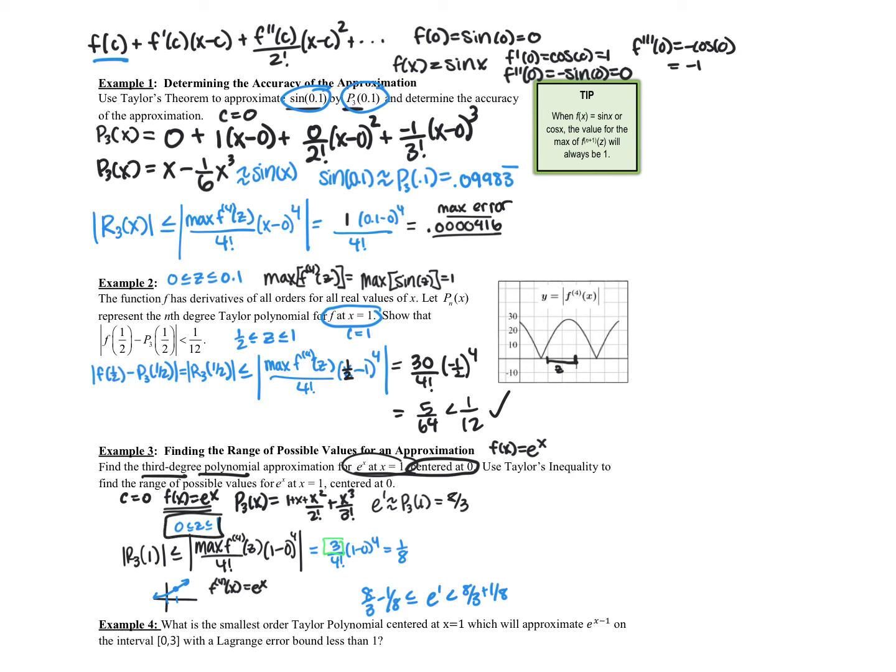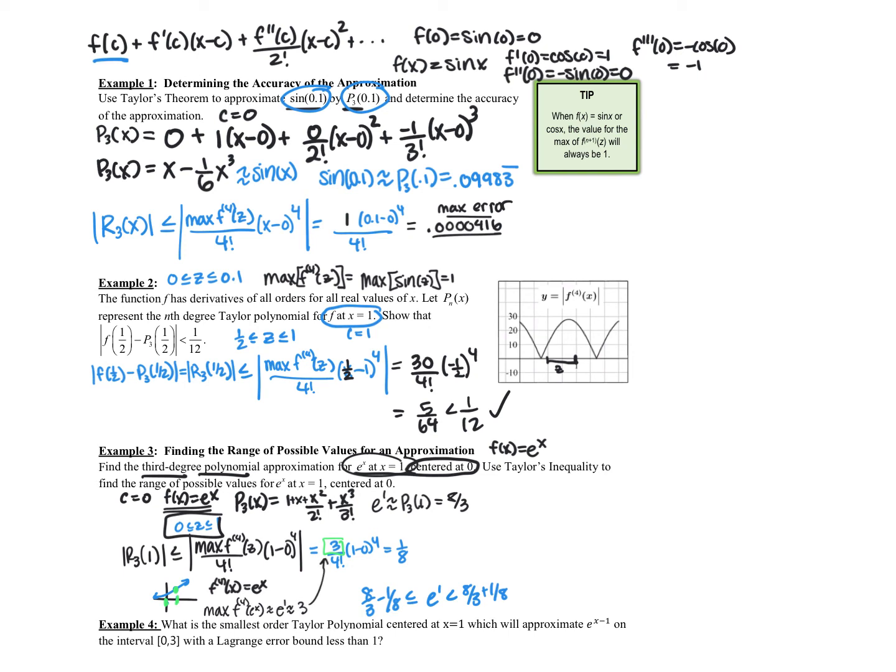So on the graph of e to the x between 0 and 1, the maximum value will be at e to the 1. So the maximum of f to the 4th for us will be e to the 1. And because we're approximating here and we want a maximum value, that's about 2.7. So we took 3 as our nice value to use.